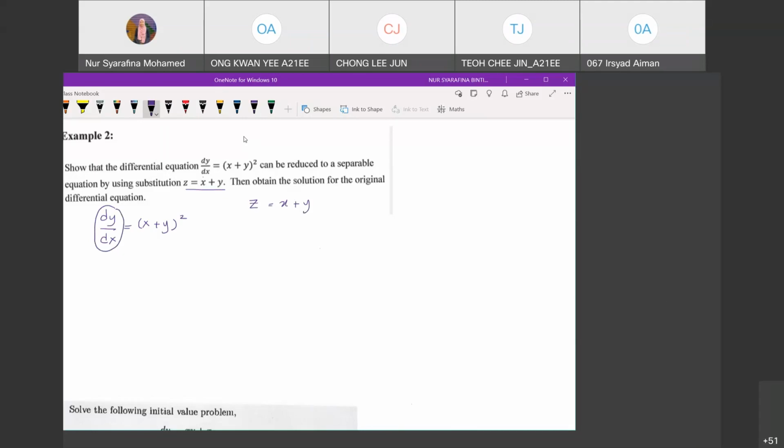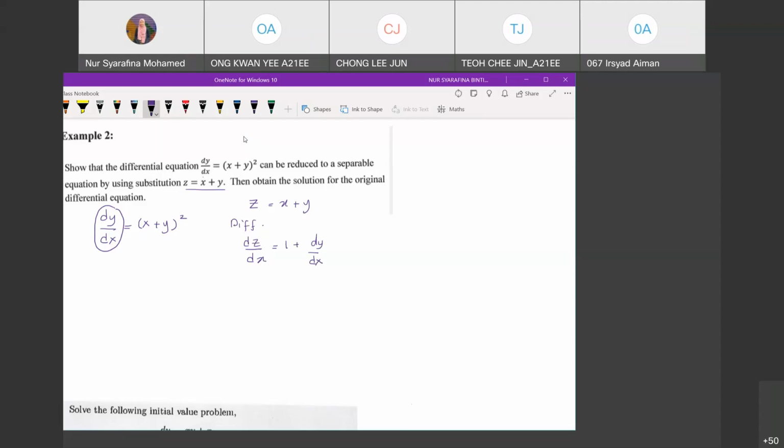So first, you differentiate. Okay, differentiate z with respect to x. You have dz dx equals to 1 plus dy dx. Okay, differentiate everything with respect to x because this one also with respect to x.